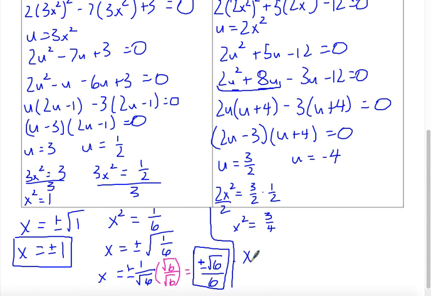So then x is plus or minus the square root of 3/4. And since we can take the square root of numerator and denominator separately, that means it's plus or minus the square root of 3 over 2.